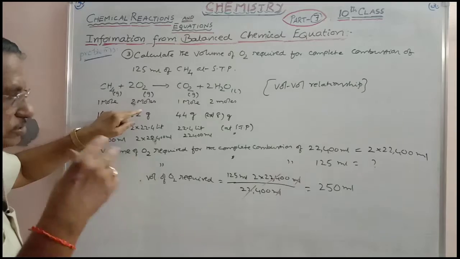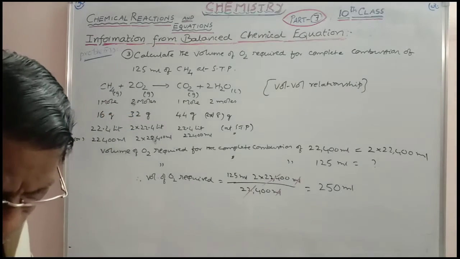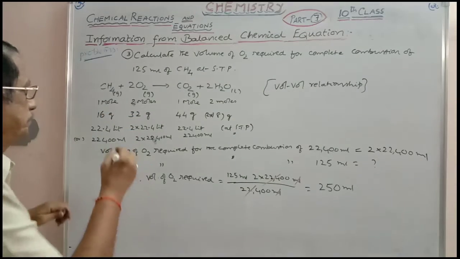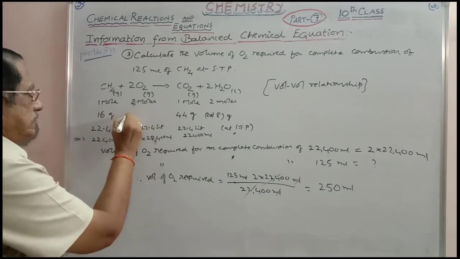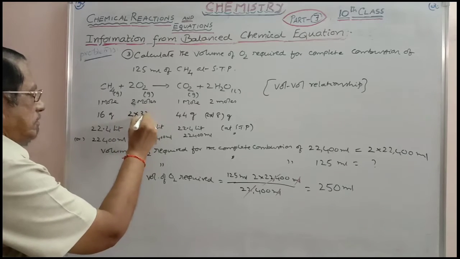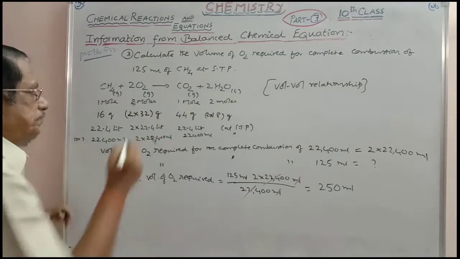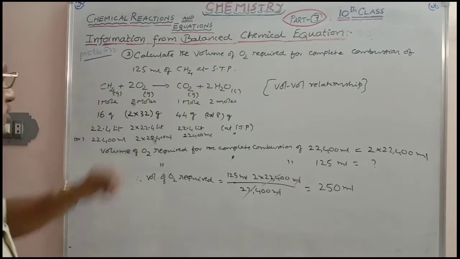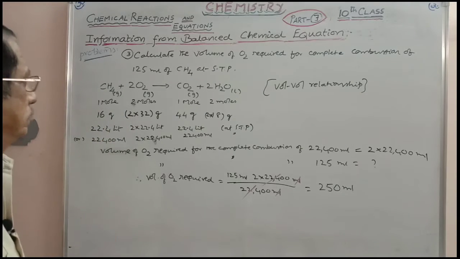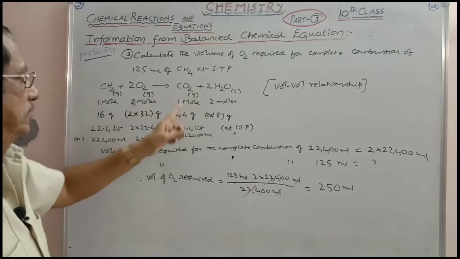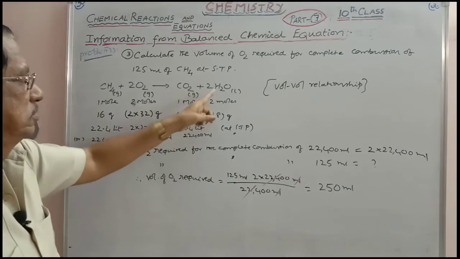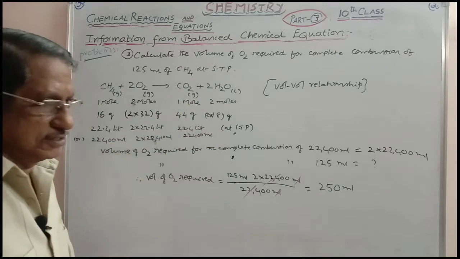Oxygen is 32 grams, so you have to write here 2 into 32 grams of oxygen. That means 64 grams. Carbon dioxide, 44 grams, 1 mole. 2 moles of water is equal to 2 into 18, 36 grams of water.